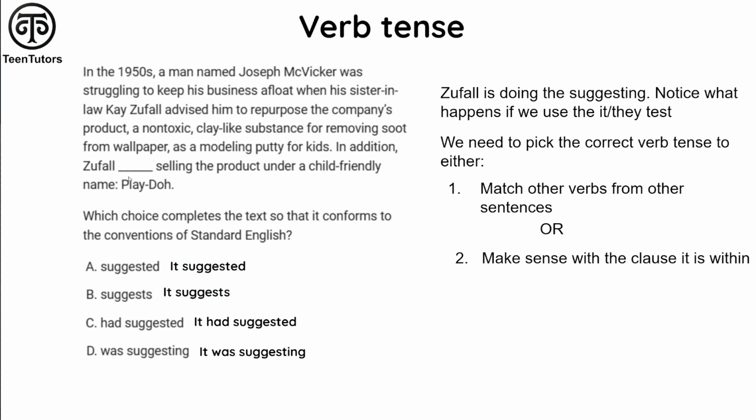In addition, Zufall blank selling the product under a child-friendly name, Play-Doh. So look at this. The word advised, right? That's a verb from another sentence, right? So we need to match with the word advised. And so which one of these answer choices matches up with the word advised? And the answer there is suggested, right? Suggested matches up with that word. So that's why it is our answer.